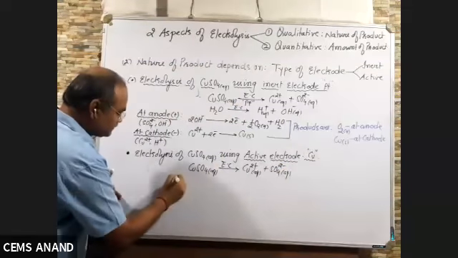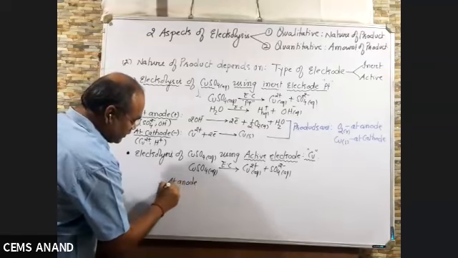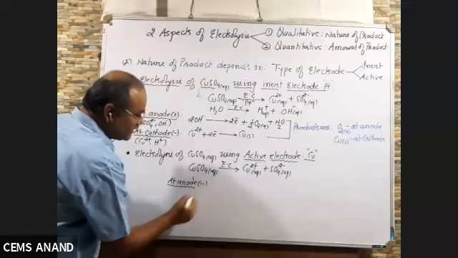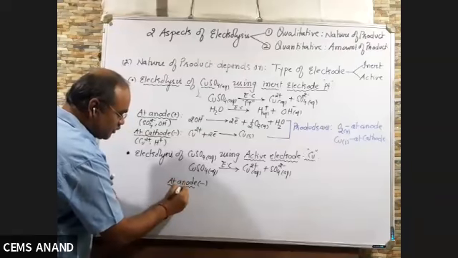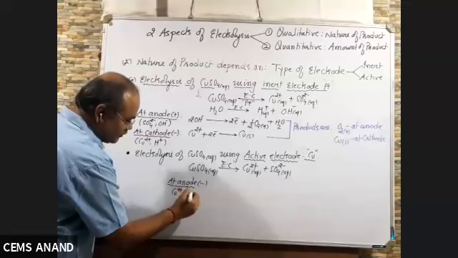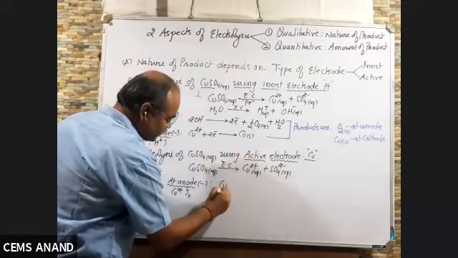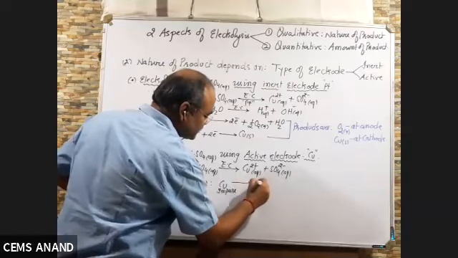But here, at the anode, Cu2+ is attracted, but the anode is also made up of copper, because we are using a copper electrode. So impure copper will undergo oxidation.